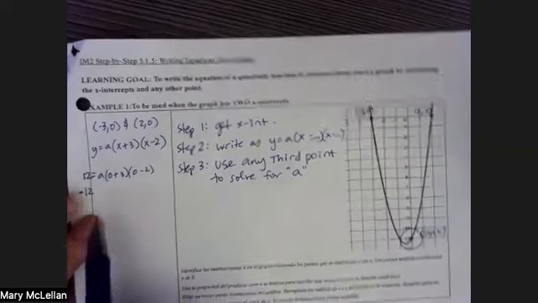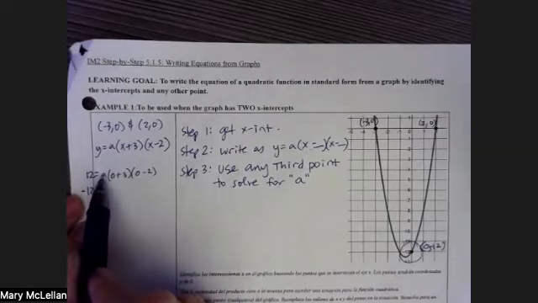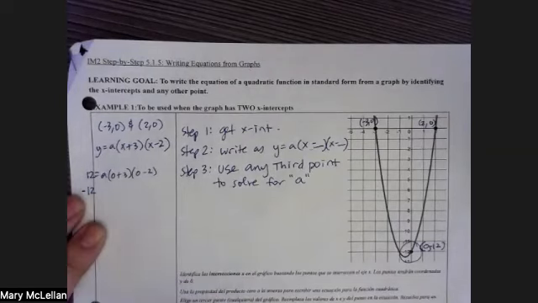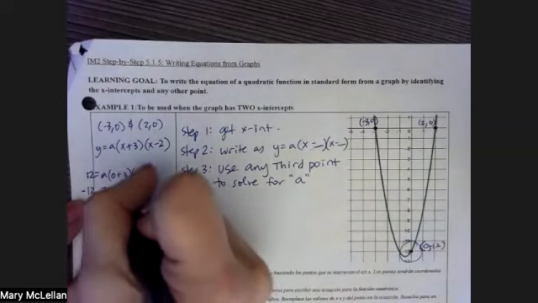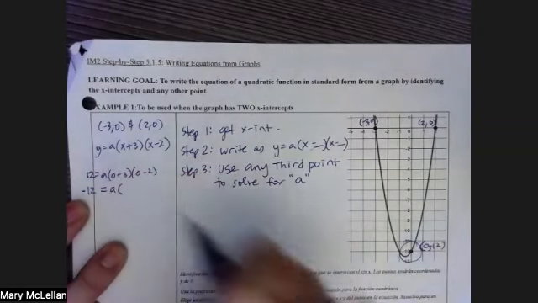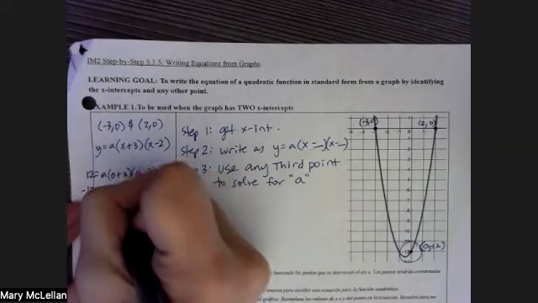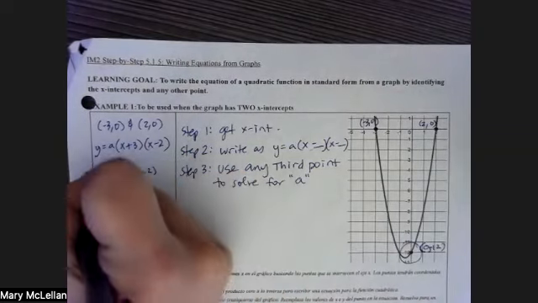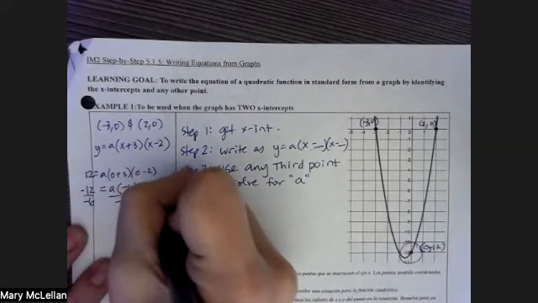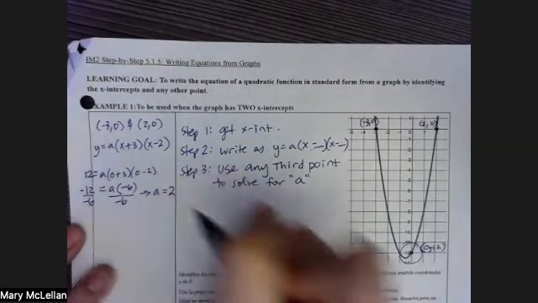I knew I made a mistake because this is going to end up as a negative value, but I know that a needs to be positive because I'm opening up. Okay, -12 equals a times -6. Divide both sides by -6. And I get that a is +2.